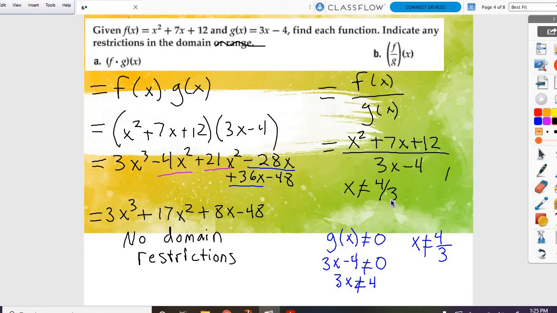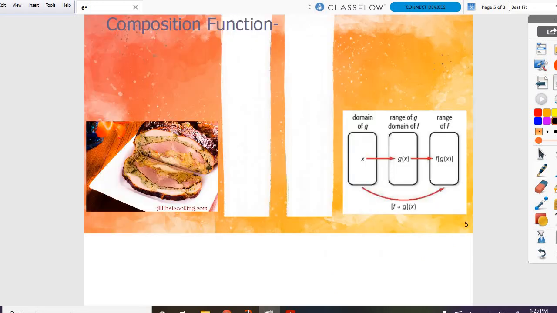So those are our first 4 main operations, and we've dealt with those types of operations before. But we actually have a 5th type of operation that's going to be new for our functions, and that's called the composition function.